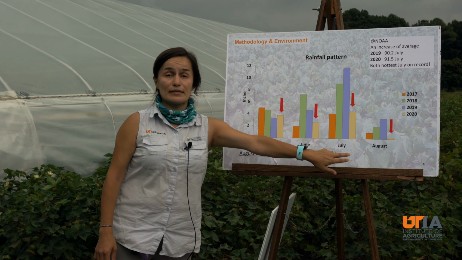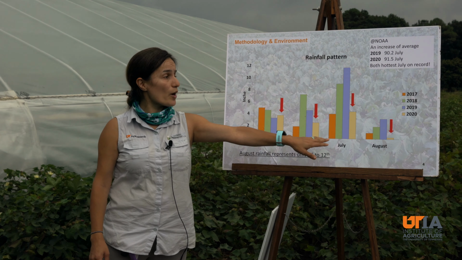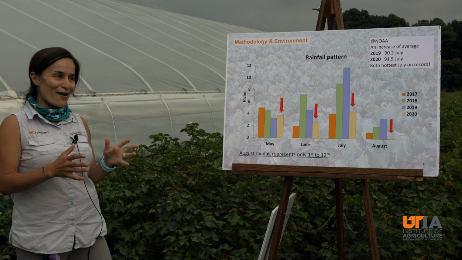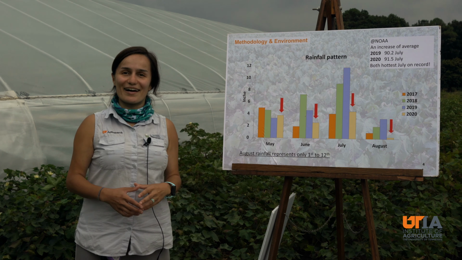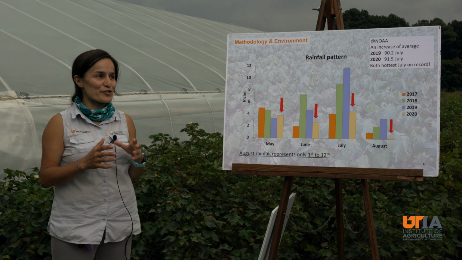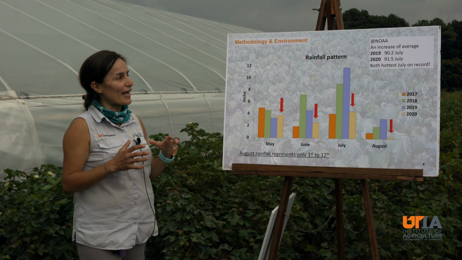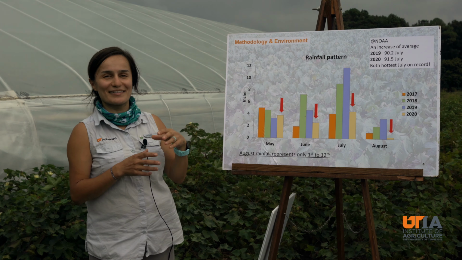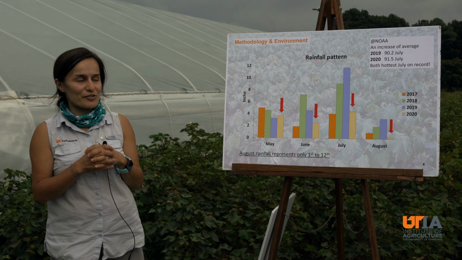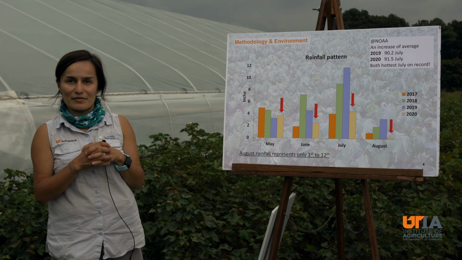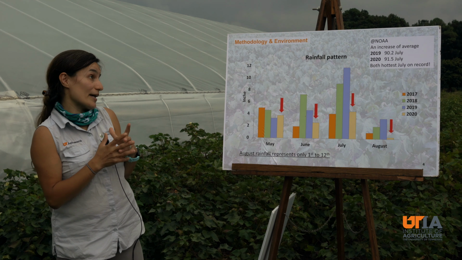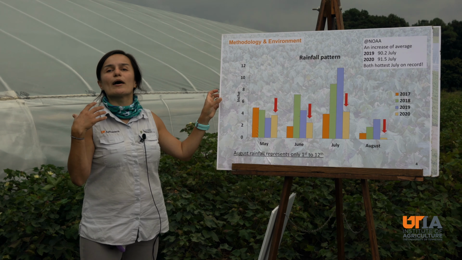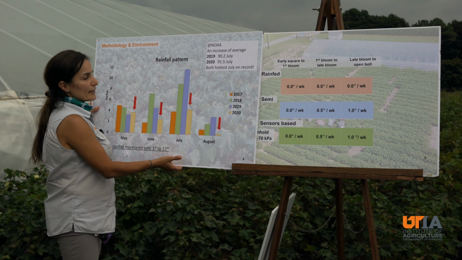Or you can look at August 1st to 12th and look at the rainfall amount that we had. It's not only rainfall, just look at this area. How much temperature increase and heat we had in July 2020. We're on top of the over-average range of temperature for the month of July in 2020 as well as in 2019. So it is very important to be aware of this environmental impact.